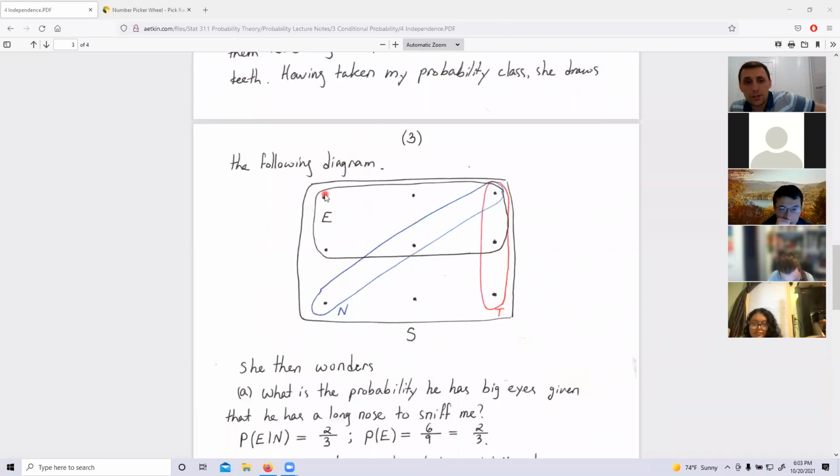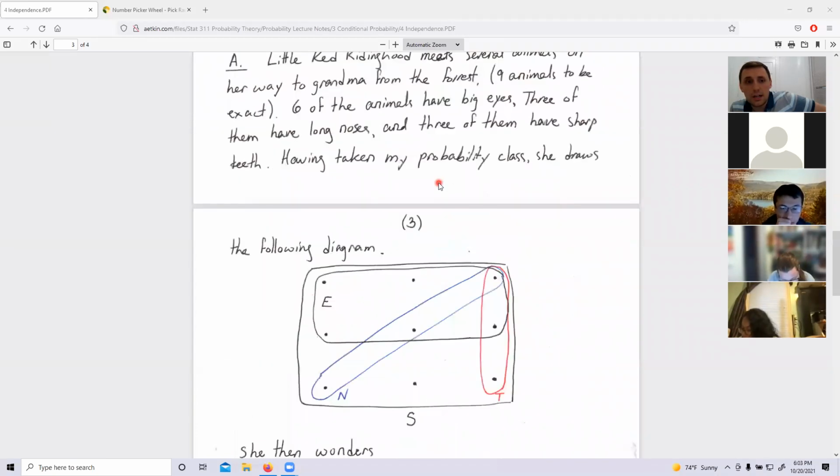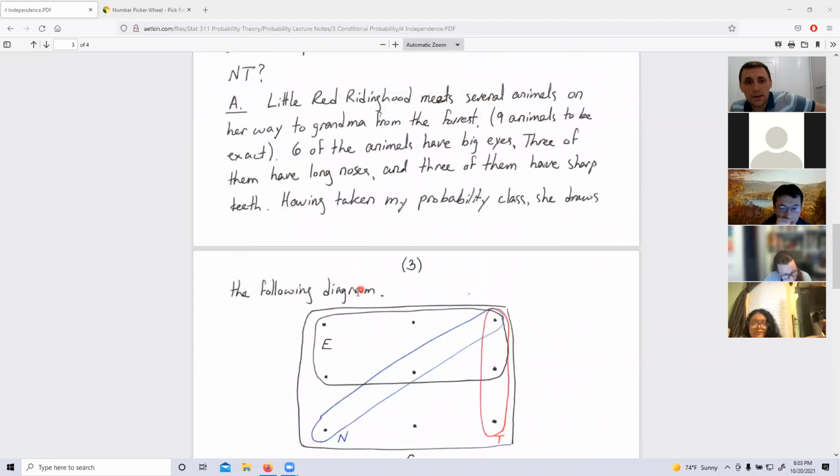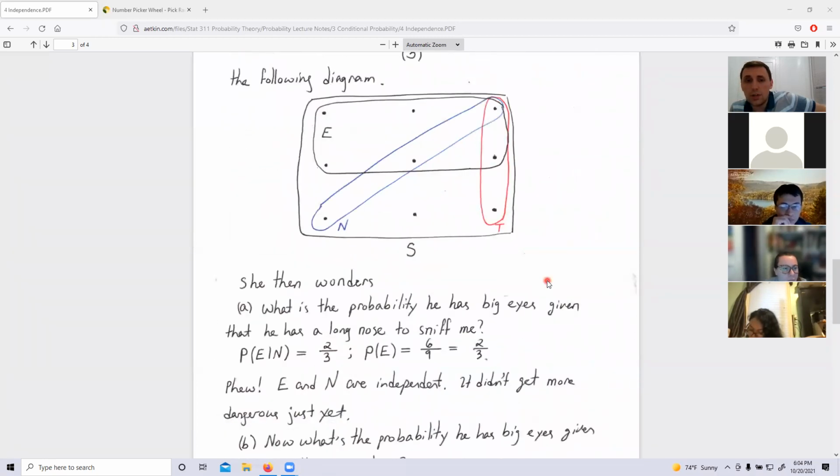Here is the situation. Here are the animals that have big eyes. There are 6 of them. That's E. And N are the animals with long noses, and T are the animals with big teeth. Now let's look at the situation. What is the probability of E given N?